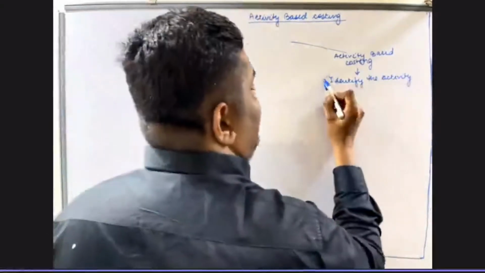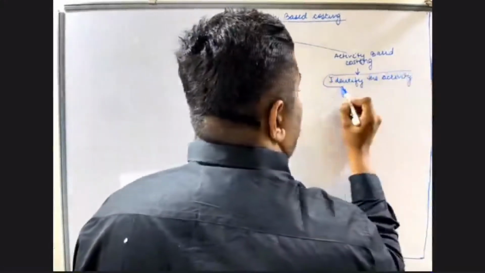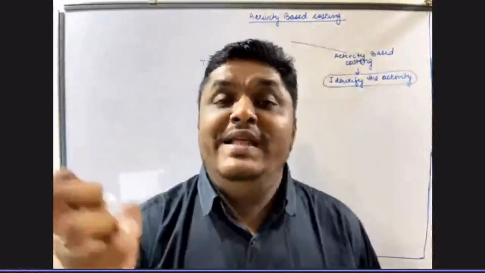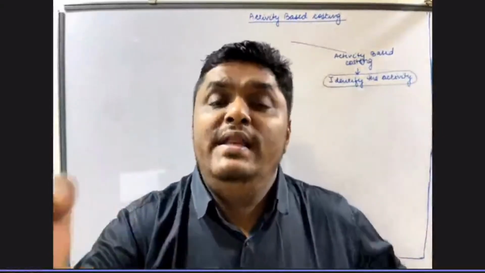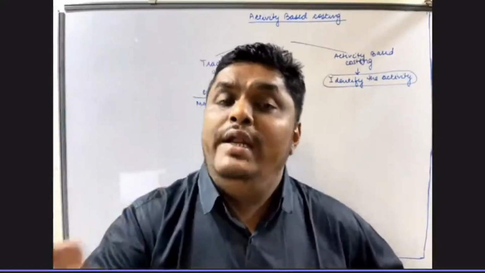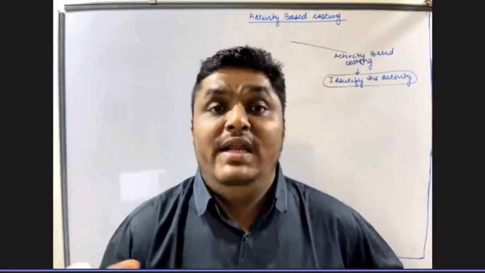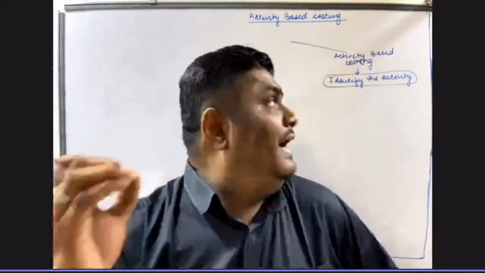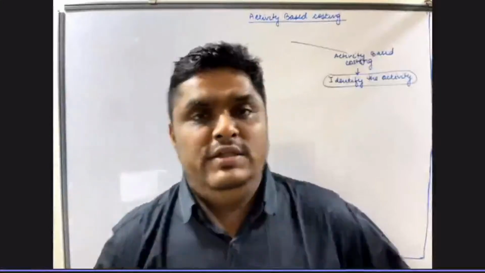That is, material handling can be an activity, material procurement can be an activity, setup cost can be an activity, quality control and inspection can be an activity, machine maintenance can be an activity. So first identify the activities of the organization.